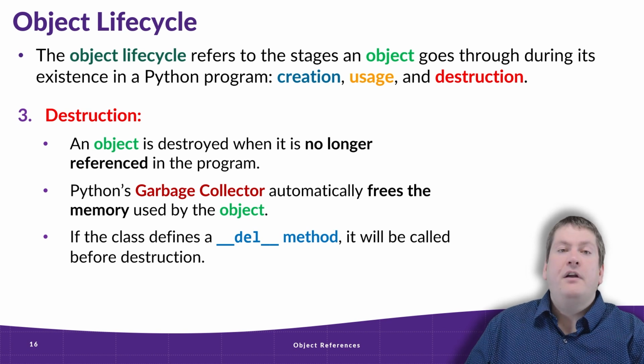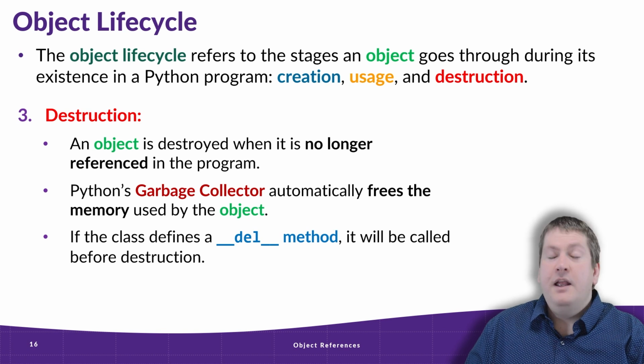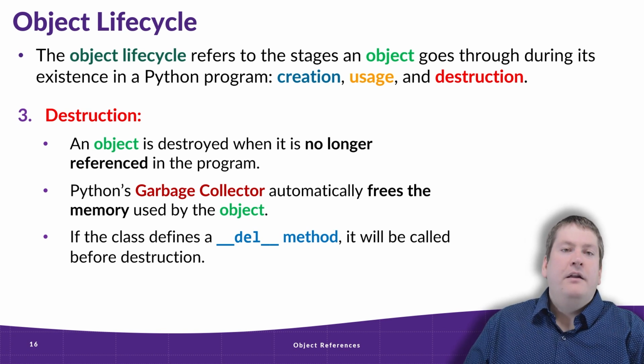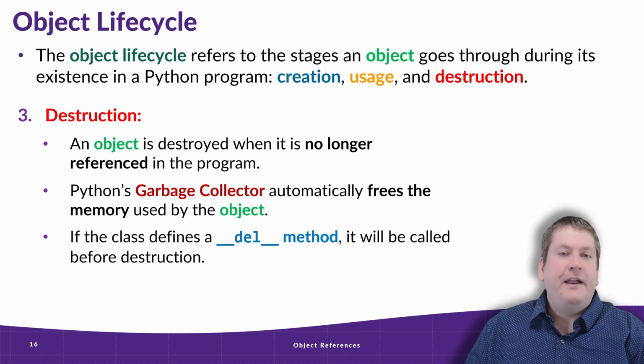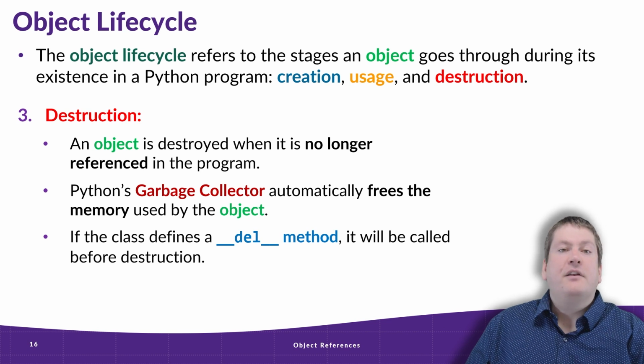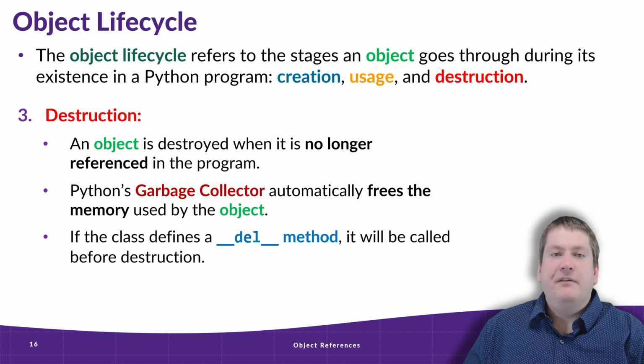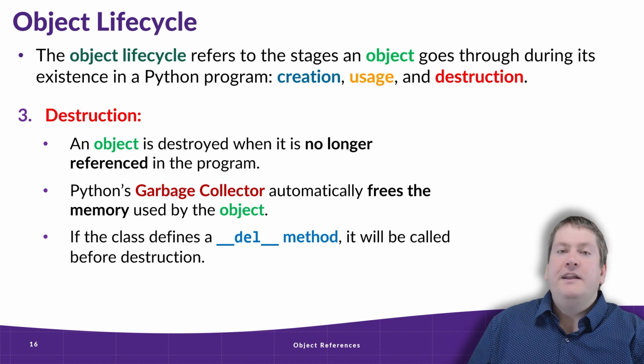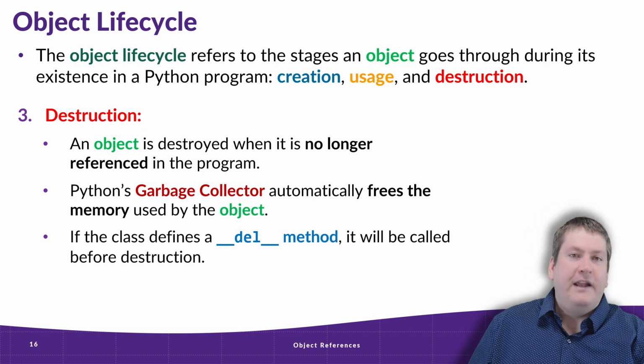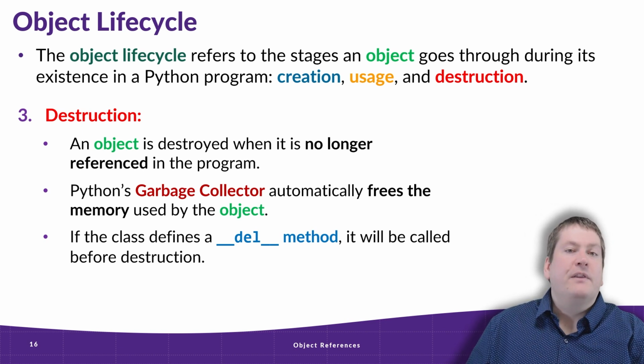When this occurs, Python's garbage collector will automatically free the memory used by the object, and there'll no longer be any way to access that object. Now, if the object defines a delete method, that would be 2 underscores, del, and then 2 underscores, that method's going to be called just before its destruction. So just like init allows us to set up things, delete allows us to shut down things or get things ready for the object to be destroyed.